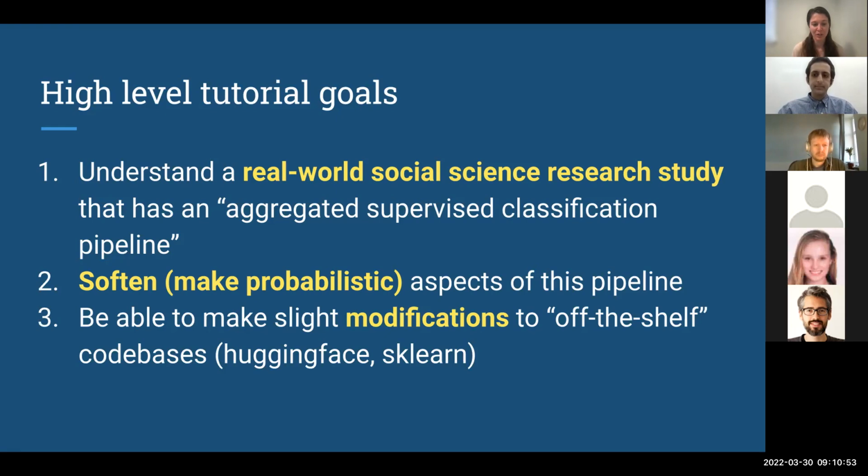This is pitched as a 201 tutorial series. The 101 version would be to use the off-the-shelf tools, and in 201 we want you to start modifying them yourself so that you can have code and NLP methods that really fit your needs as a social scientist.